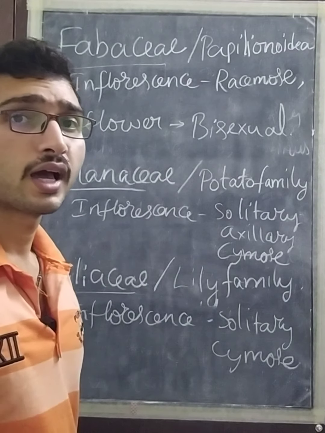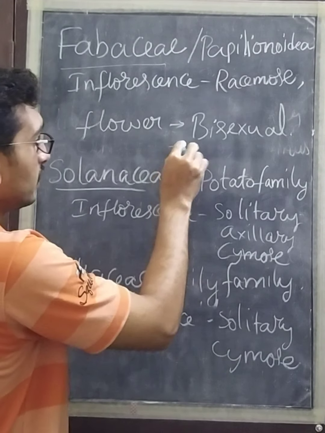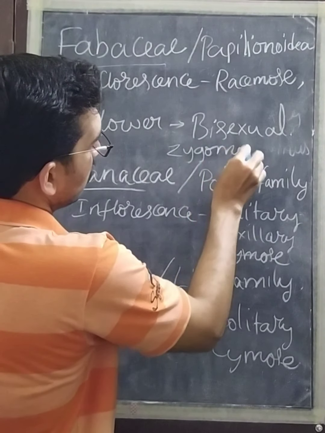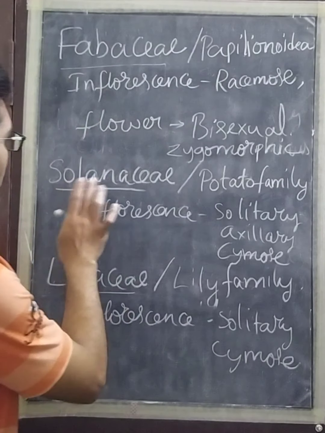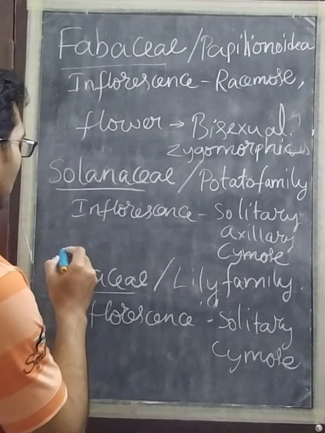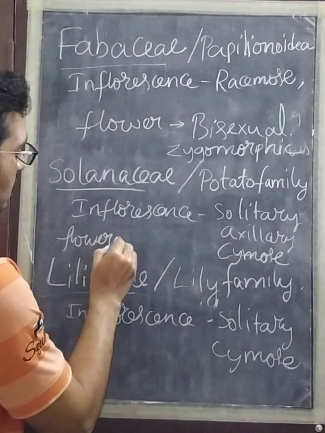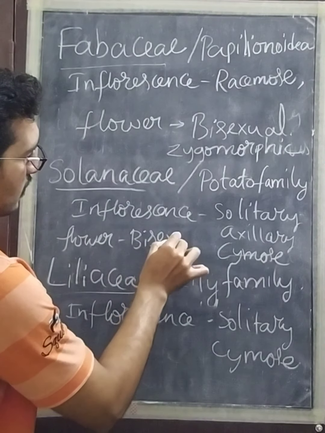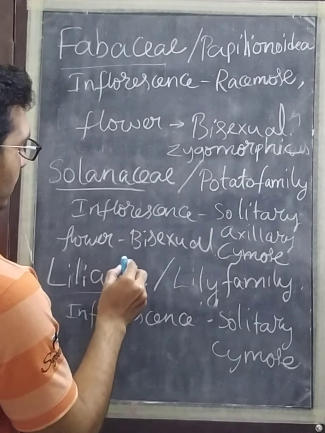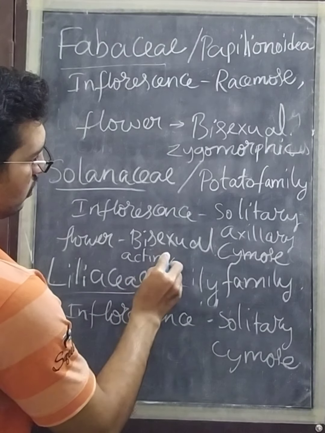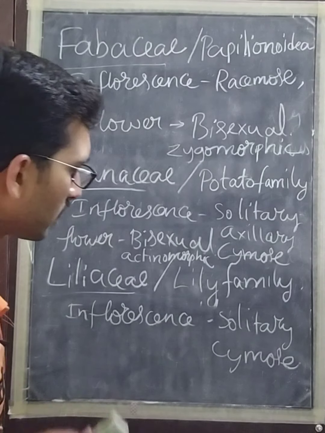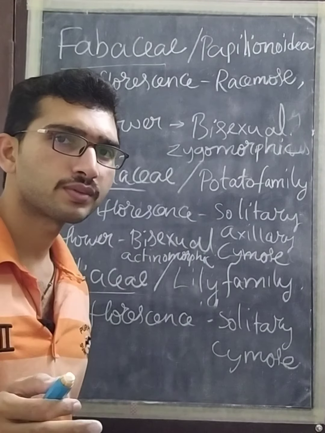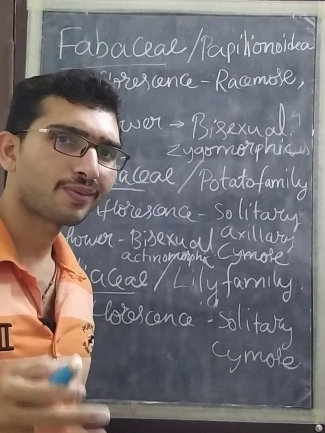Fabaceae flowers are zygomorphic. The flowers of Solanaceae are bisexual and actinomorphic, which means the flower can be divided into two equal halves passing through the center at any plane.